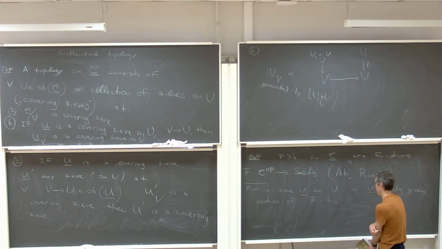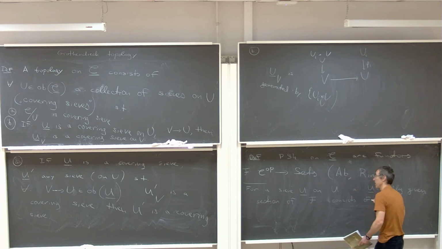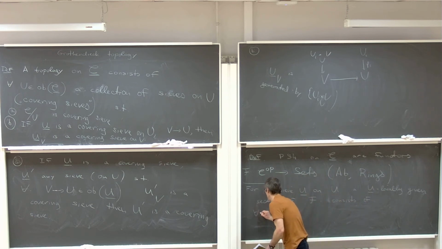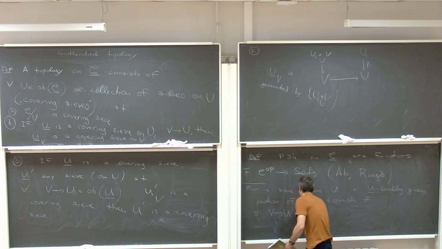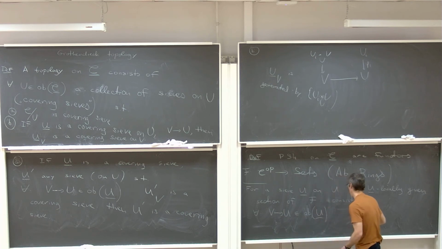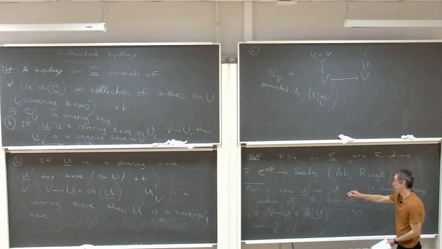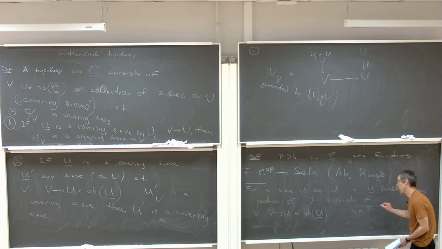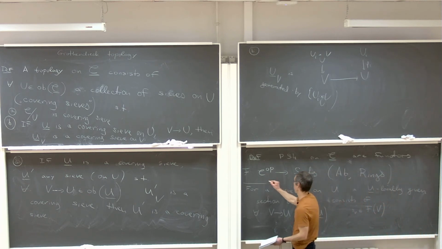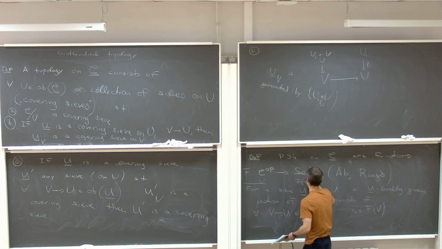For every V in this sieve, for every object of this sieve, we are supposed to give ourselves a section of F evaluated at V. If I have an object U, I will denote its image here by F of U, of course.